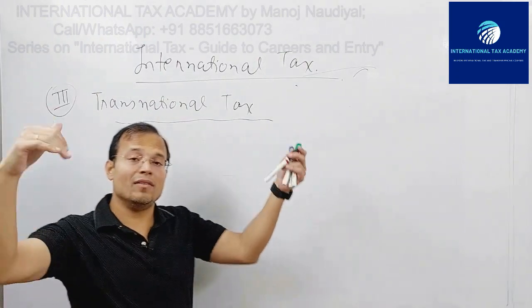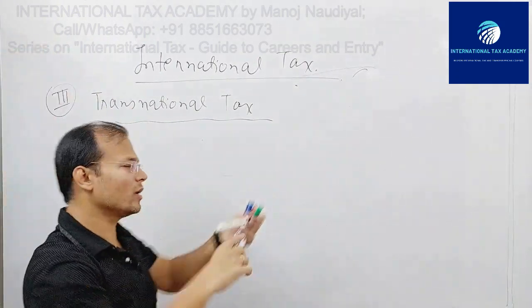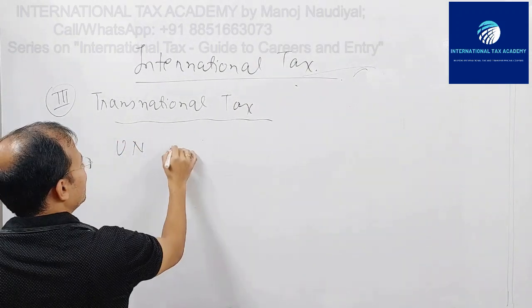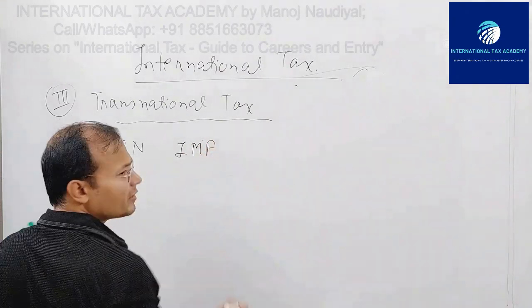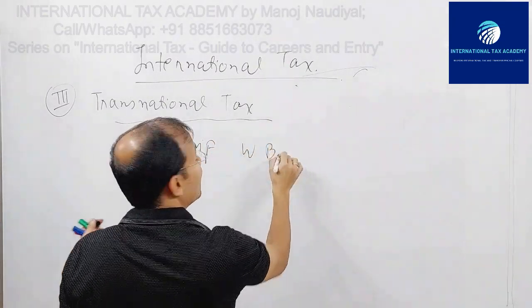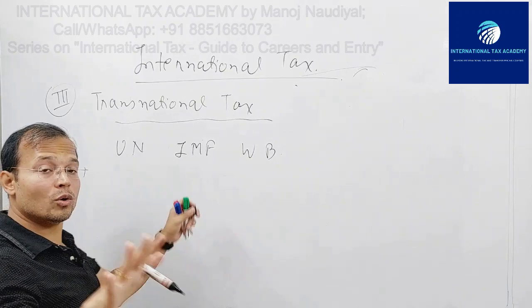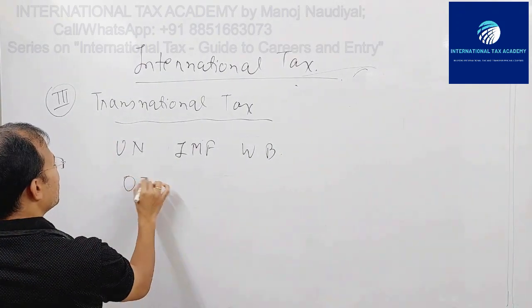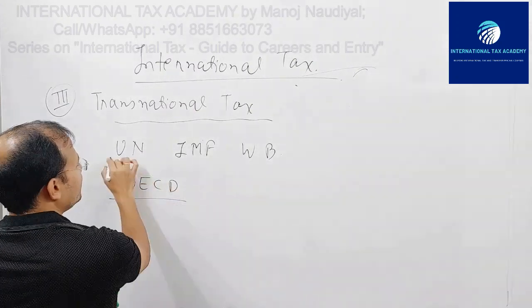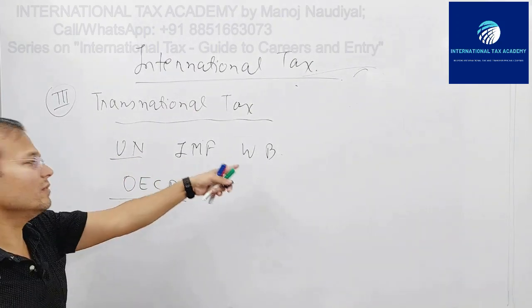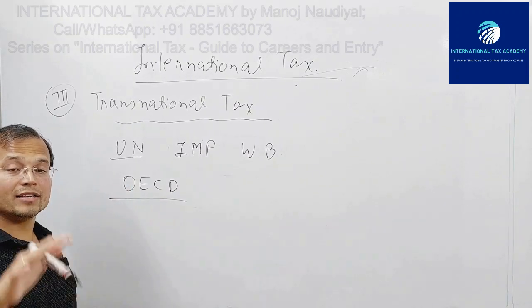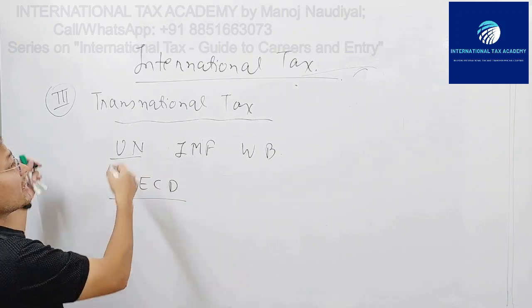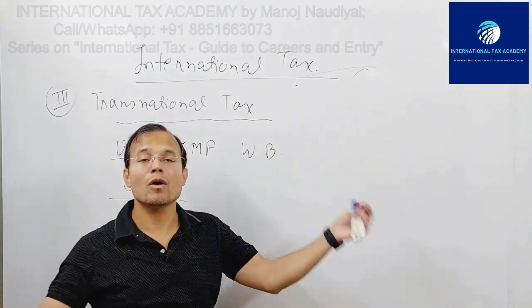See, at the global level, at the truly international level, what global bodies do you have? You have the United Nations, the International Monetary Fund, the World Bank, as well as the de facto leader of the international tax regime for the last 60 years, the OECD, the Organization for Economic Cooperation and Development.